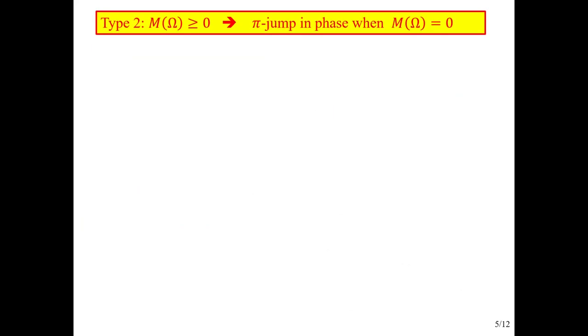Type 2 comes from the constraint that the magnitude must be non-negative. And again, I'm not going to prove this, and it's not as obvious as the previous one.